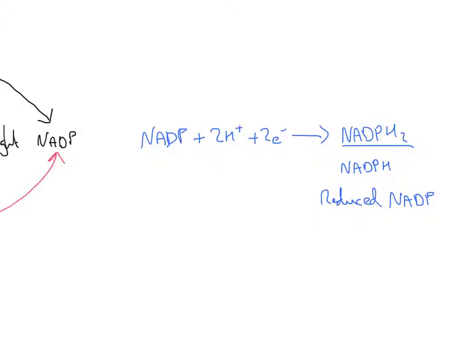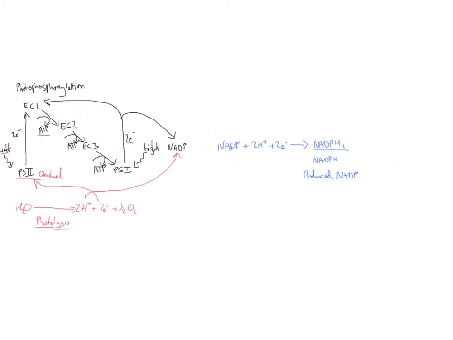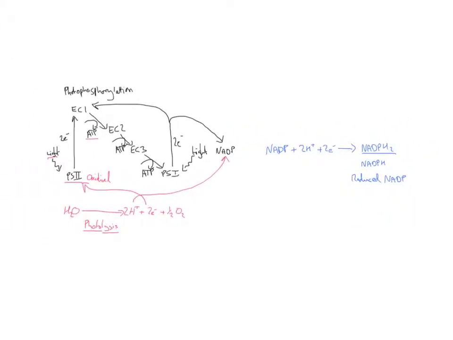So if we were to just zoom this out and consider the reaction as a whole, we've got a few different steps occurring. We've got photolysis in red, we've got photophosphorylation in black, and then in blue we also have a type of photophosphorylation, but this photophosphorylation is non-cyclic, whereas in black we have cyclic photophosphorylation.